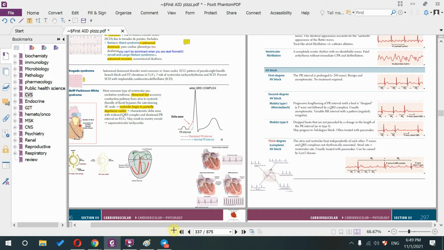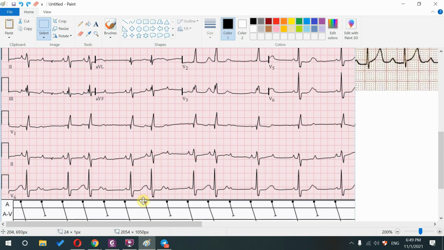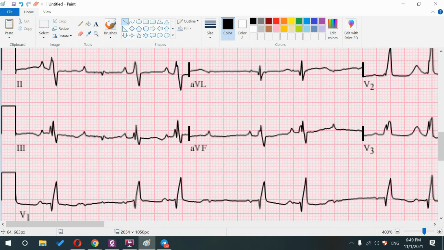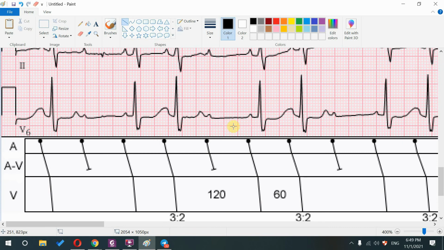So let's take a look at this one. That's a bit tricky. Okay, let's see. So this person, you take a look at this lead. It looks like the PR interval will be prolonged if you count the boxes, but let's do this. We enlarge, we go down here. Oh, this patient has 2 pathologies. It's too complicated for you guys. I will not do this to you. It's too much.